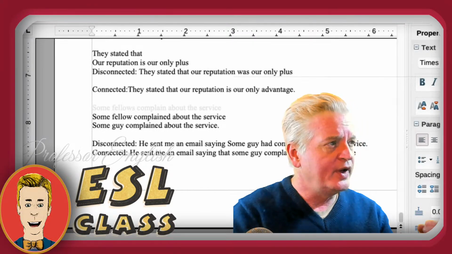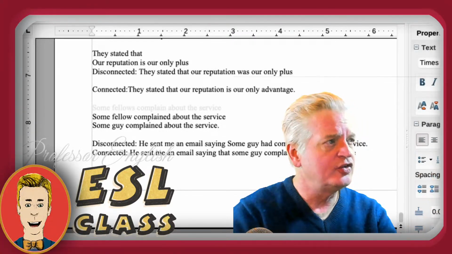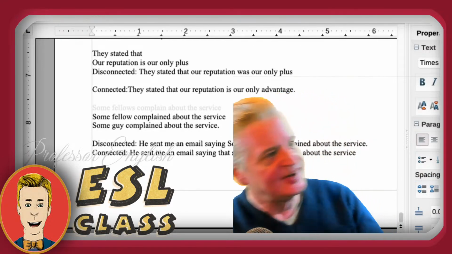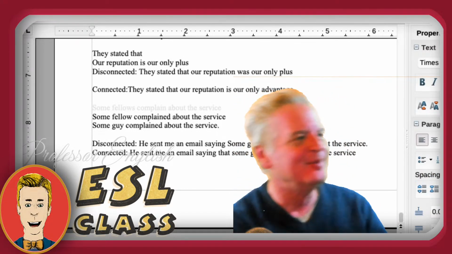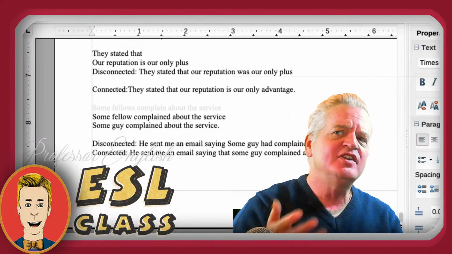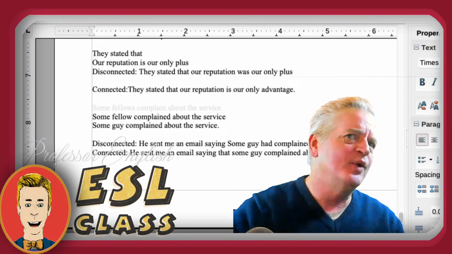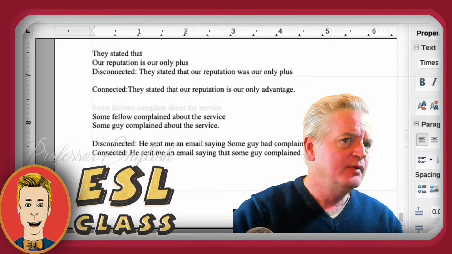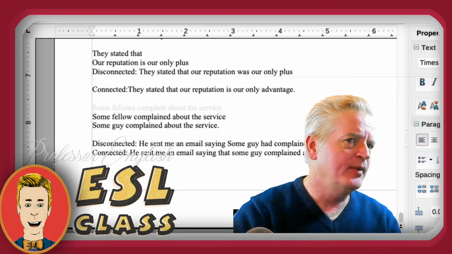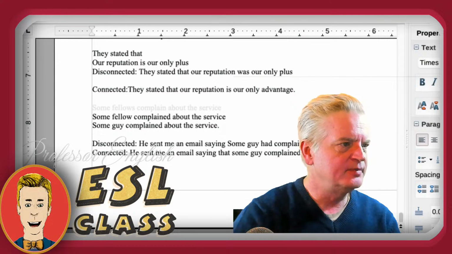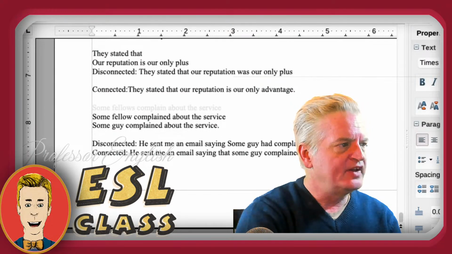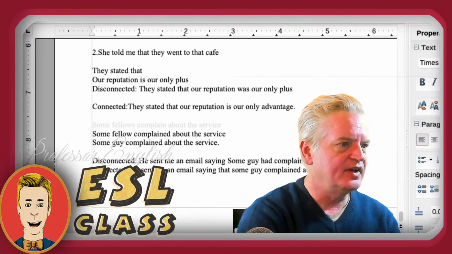But when you say it the neutral way, he sent me an email saying some guy had complained about the service, in the past perfect, you're disconnected from it. It happened far away from you. Maybe in space, maybe in time, maybe you don't care. Some guy complained about the service. So that's the difference, connection and disconnection.